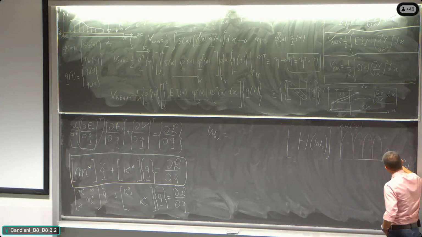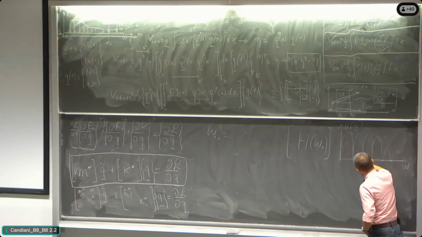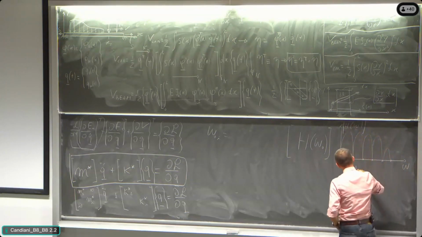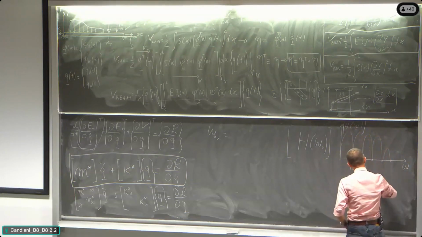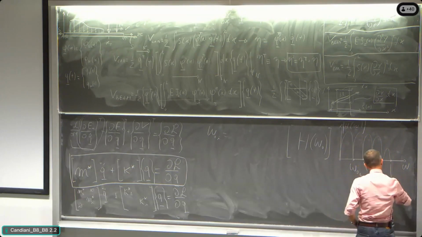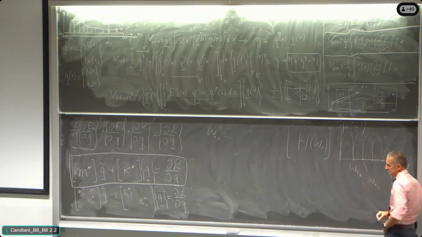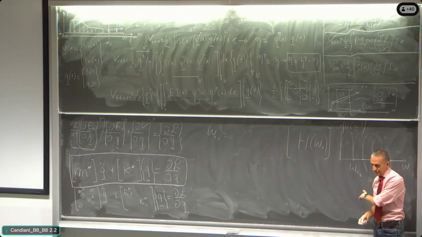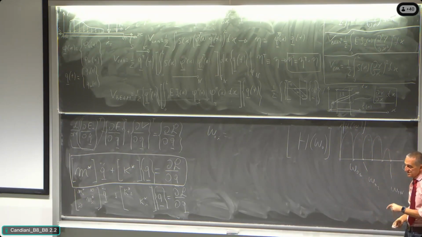At the locations where the determinant was becoming null, we said, all right, this is omega 0,1, this is omega 0,2, and this is omega 0,n. So you are very familiar with those numbers. The natural frequency is something with which you played.